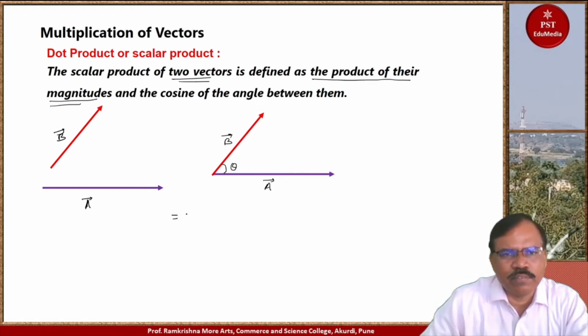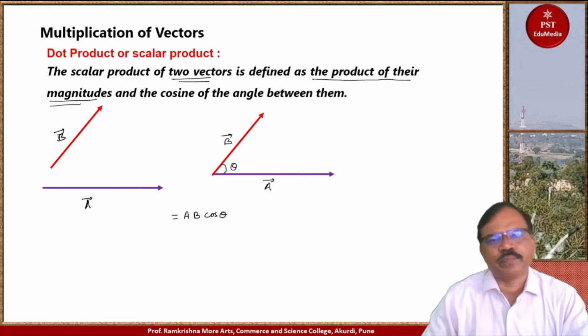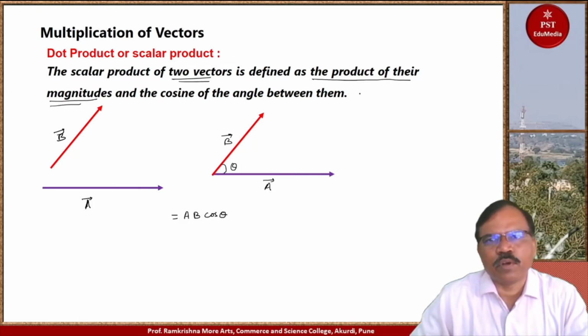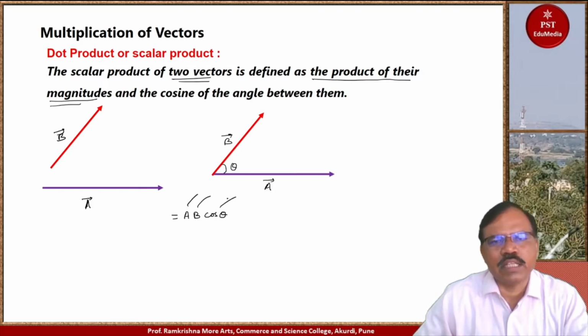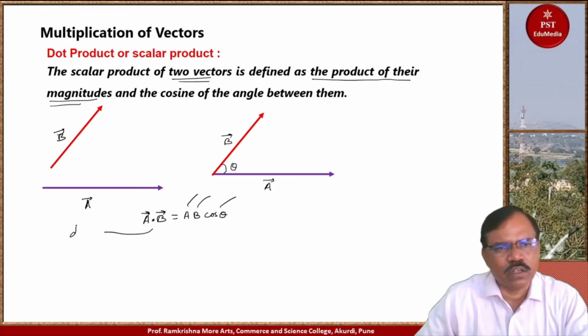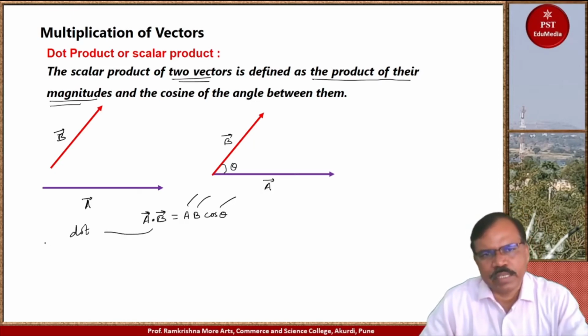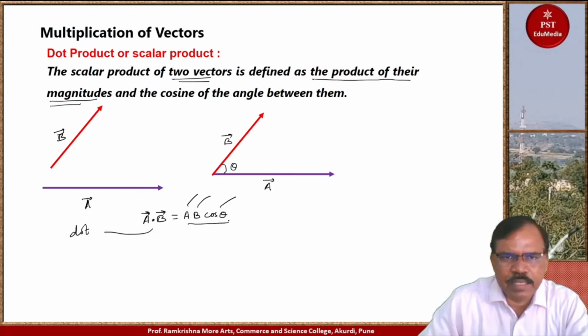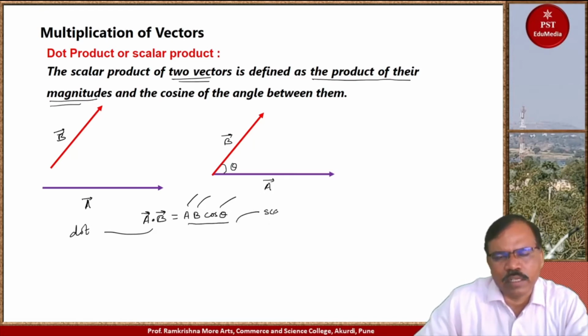It is the product of their magnitudes, A is the magnitude here, B is the magnitude here, and cos theta, that is the cosine of the angle between A and B. And this one is written as A dot B. That's why it is also called dot product. A dot B, and this AB cos theta is a scalar quantity.